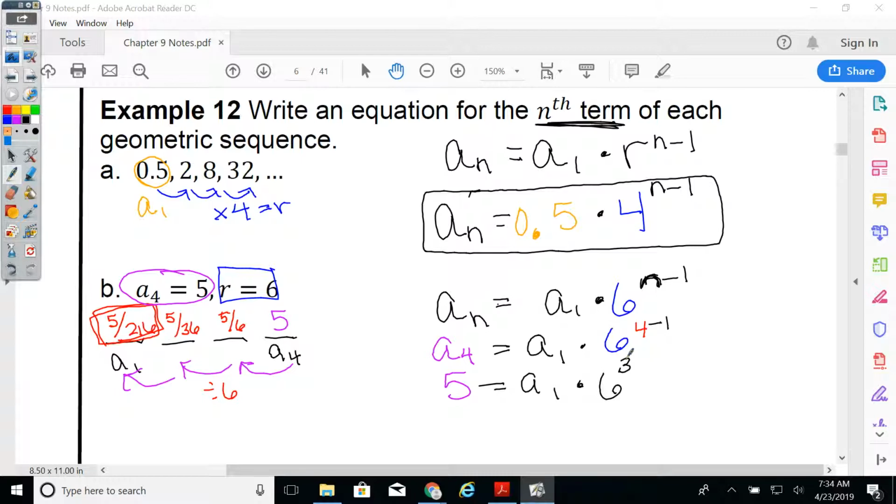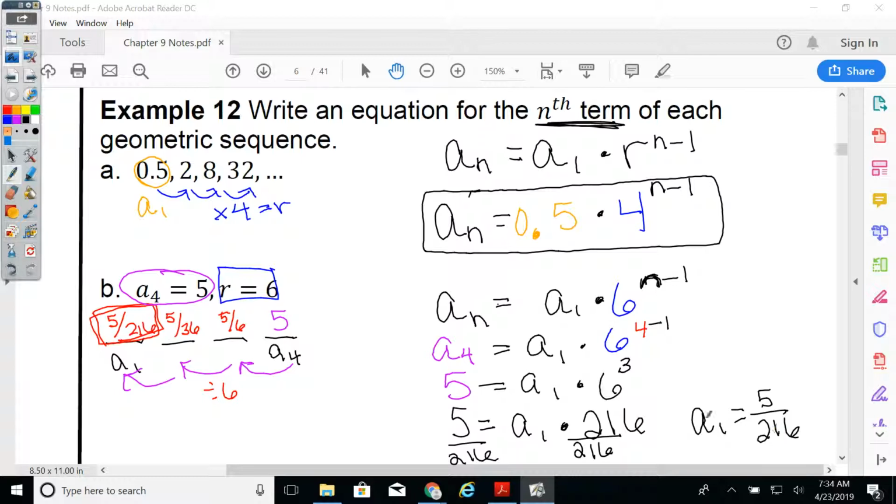And then we just evaluate and divide. So 6 to the third is 216. So 5 equals A1 times 216. If we divide both sides by 216, we get that A1 is 5/216.